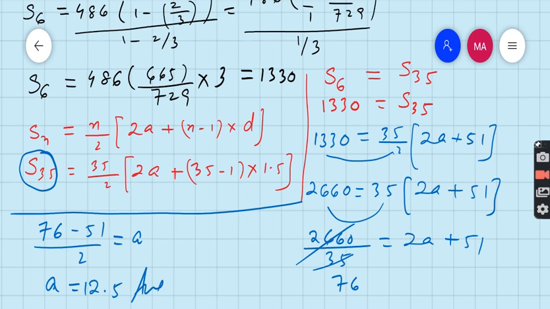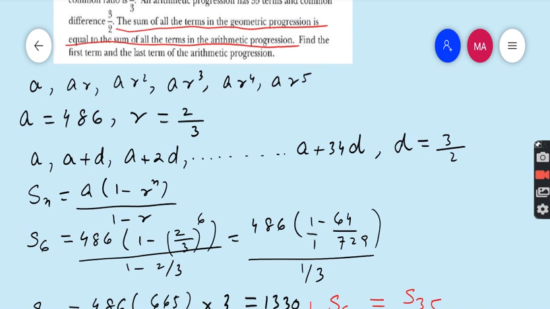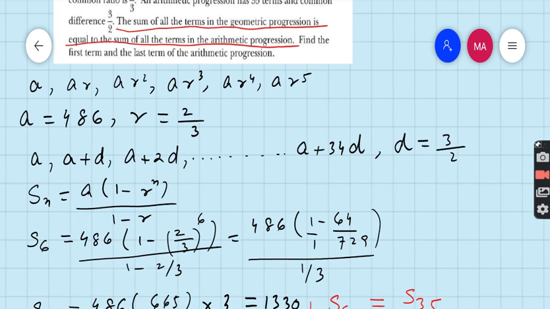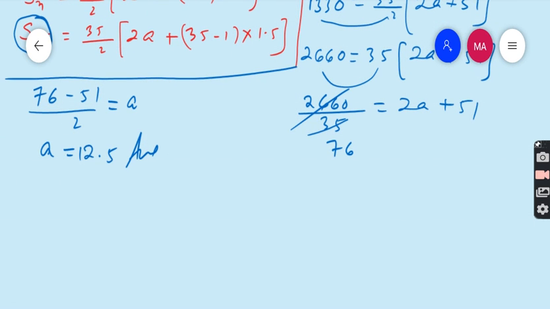Very important, very genius question. What was the question? Find the first term and the last term of the arithmetic progression. So how many arithmetic terms are given? The formula of the nth term is Tn equals a plus n minus 1 into d.